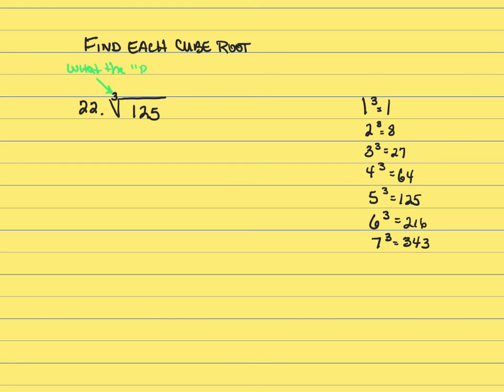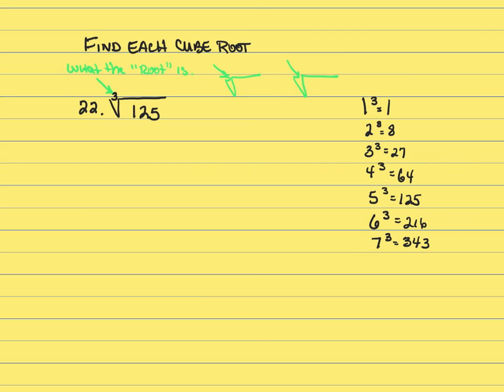So we know that this is the cube root because this number says 3. We know, just as an example, that this is the fifth root because that number is 5. When there is no number, you should automatically know that it's the square root. So that's just a quick little review.